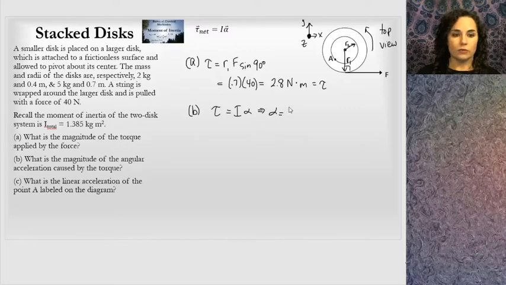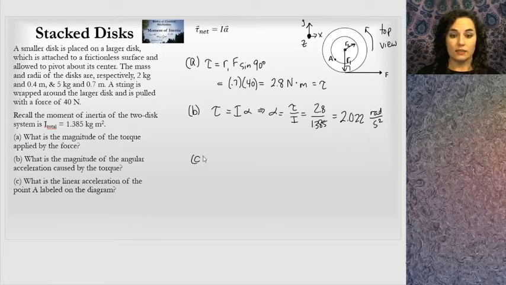Alpha equals the torque divided by I. The only torque being applied is by this one singular force, which we know the torque for, which is 2.8. I, the moment of inertia, we calculated previously, 1.385. And when you run this through your calculator, you get an angular acceleration of 2.022, and this is radians per second squared.